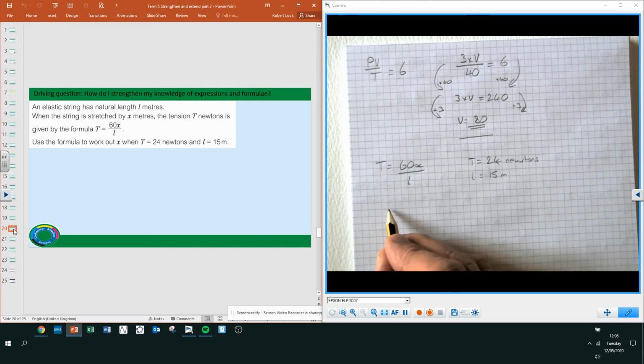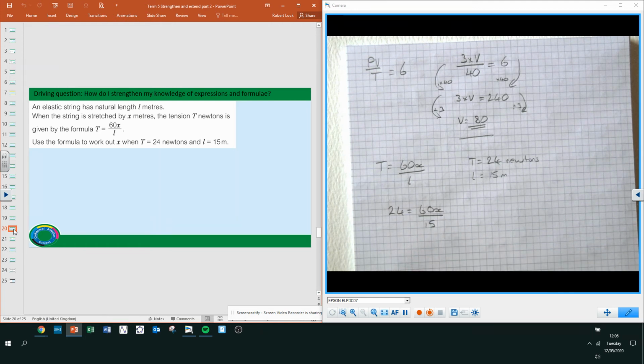So 24 equals 60x over 15. Or we can write it this way, 60x over 15 equals 24. We're going to divide by 15, so we're going to times by 15 both sides. Let's use this one here, the same format we've been using before.